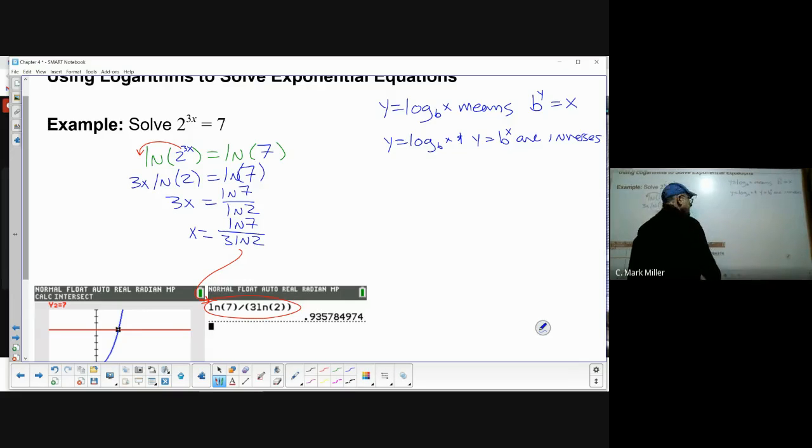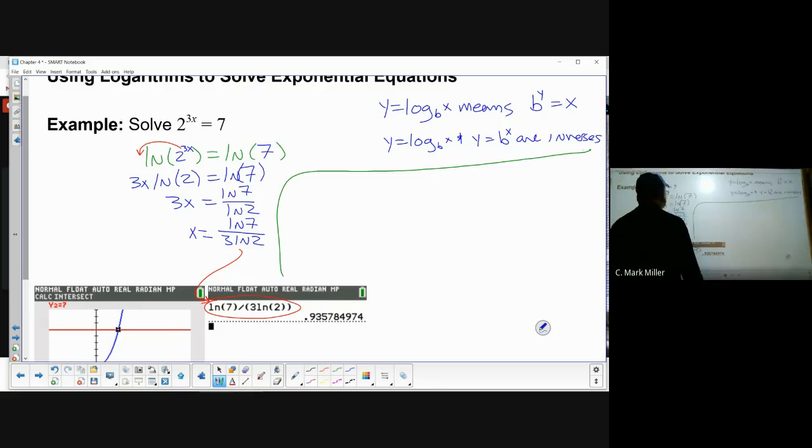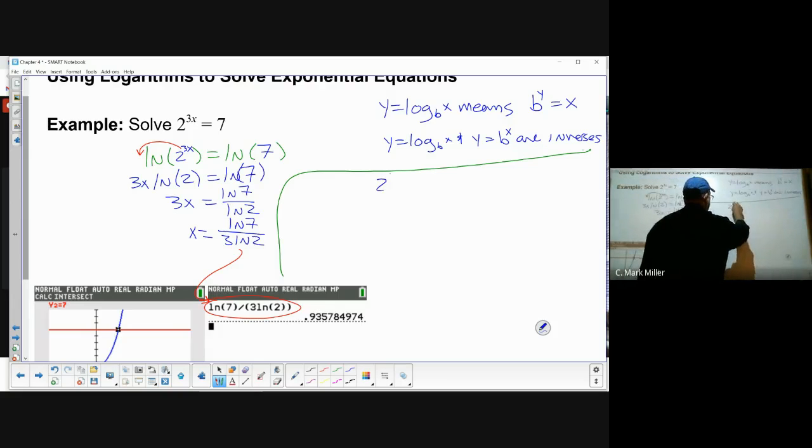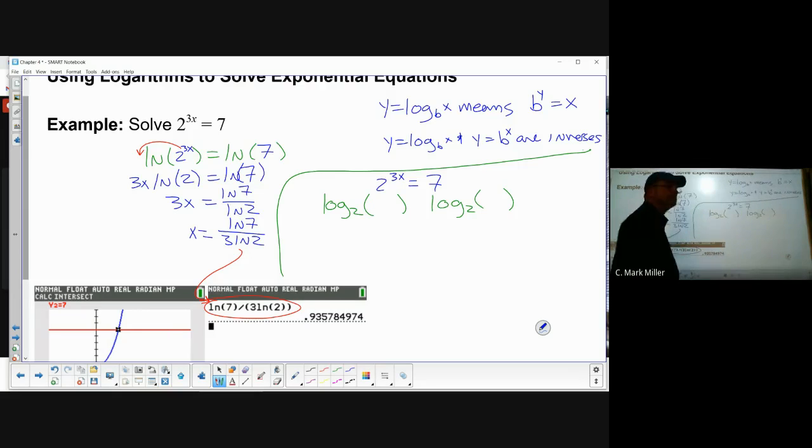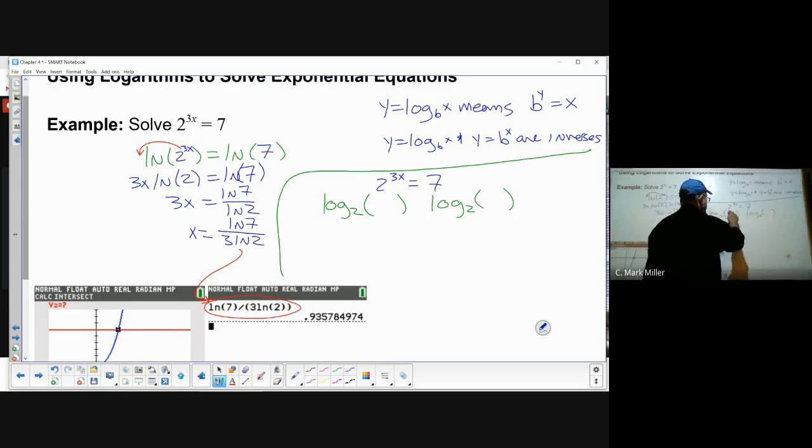So he's suggesting, you have 2 to the 3x equals 7. Why not use log base 2 of the left equal log base 2 of the right? So you put 2 to the 3x here, 7 there.